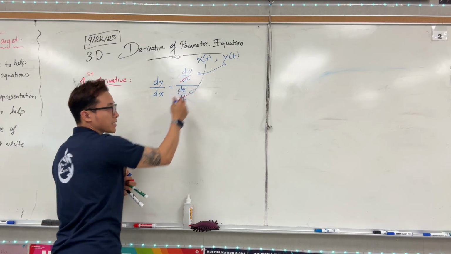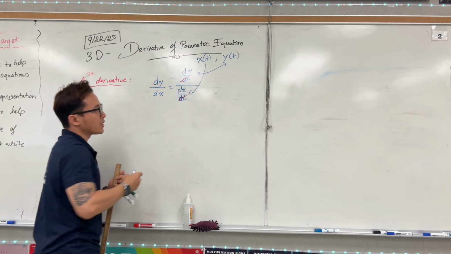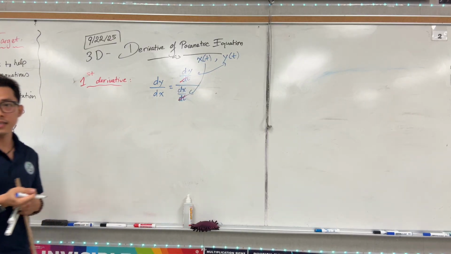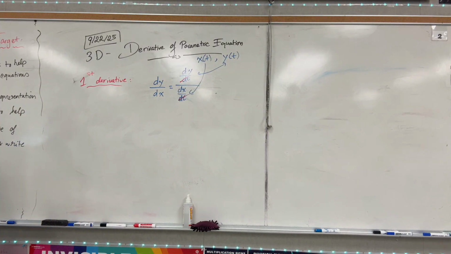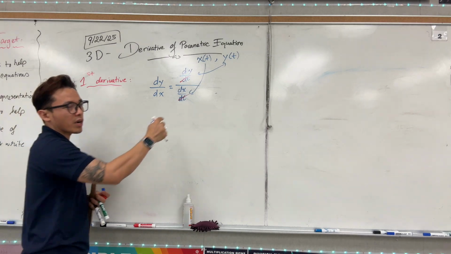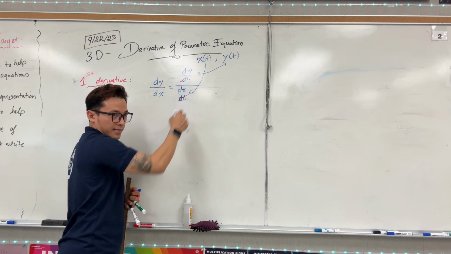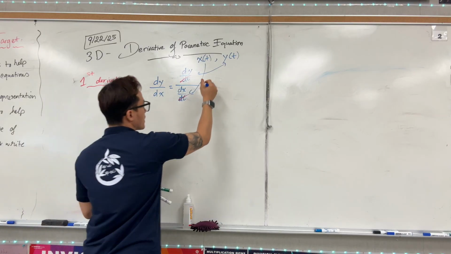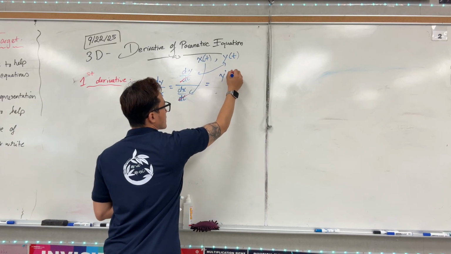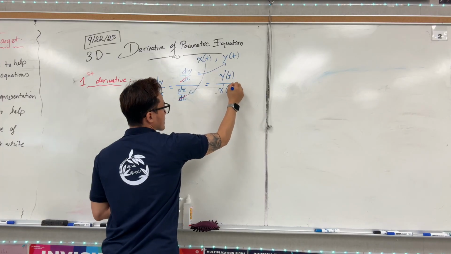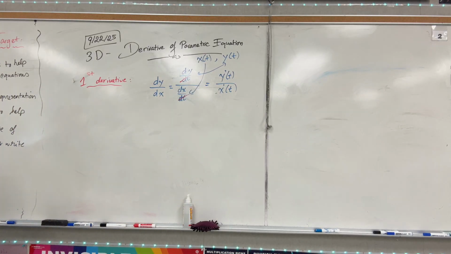That's the chain rule. So that's how you find dy over dx. Basically, you want to find the derivative of y divided by the derivative of x, in terms of t.